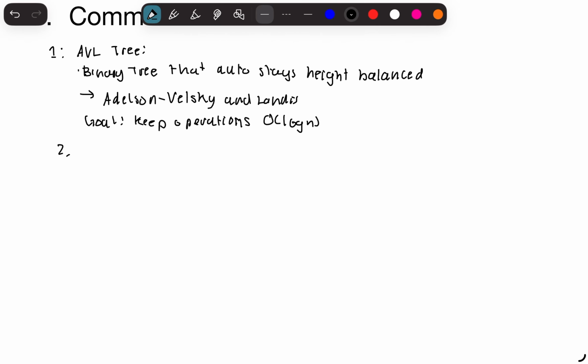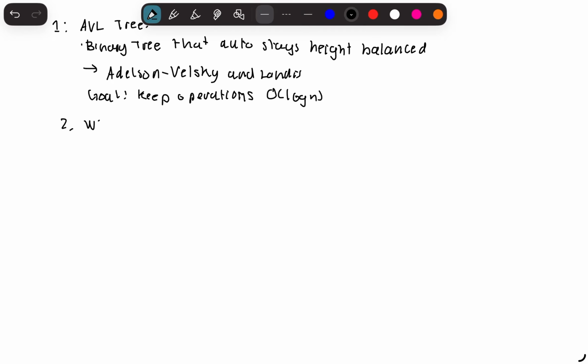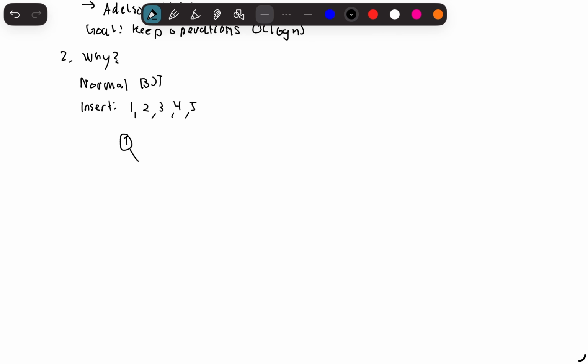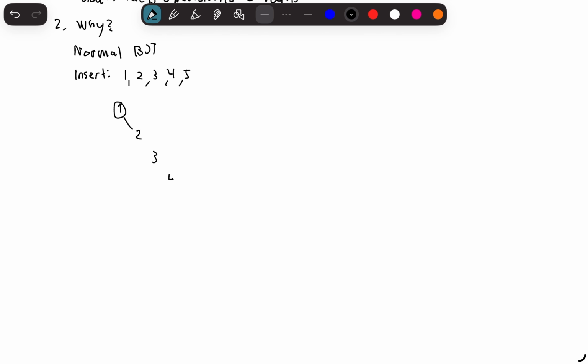Why do we need AVL trees? Well, that's because when you have a normal BST, if you insert 1, 2, 3, 4, 5, you're going to get a skewed BST that looks like this.